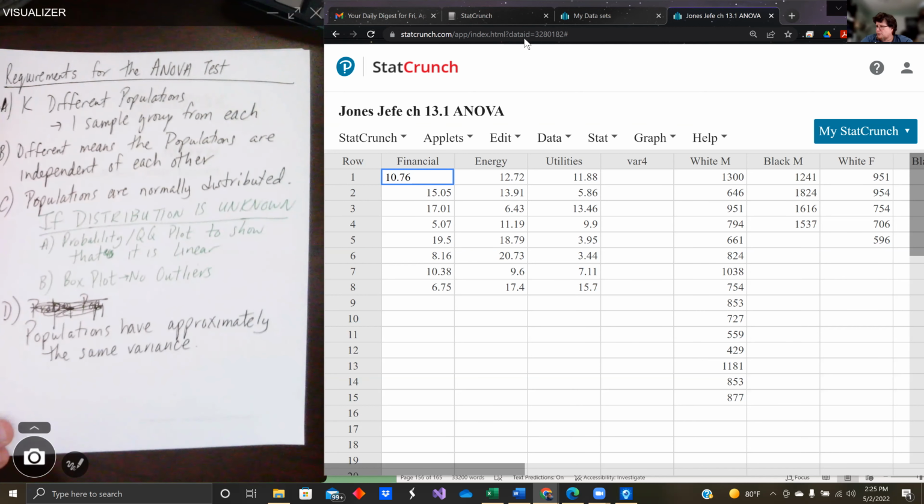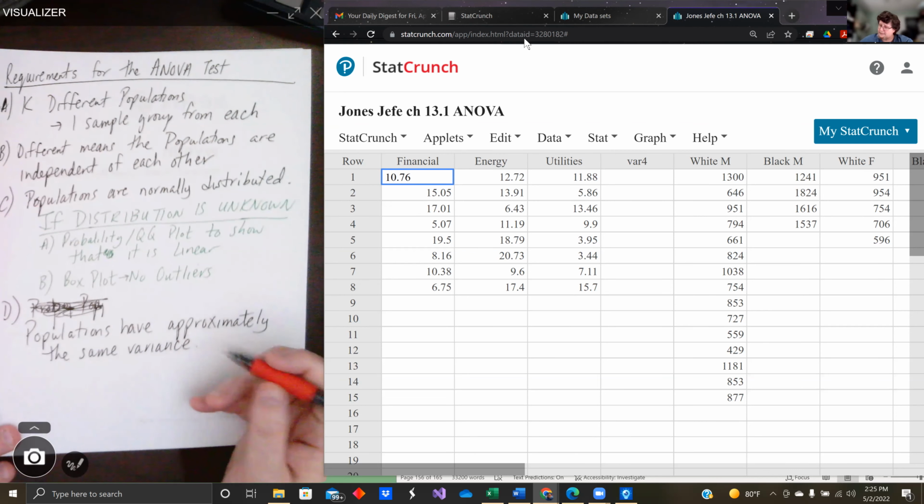It's been a while, but when we were talking about Student's t distribution, that was one of the things we didn't know about: the population. We don't know about the population, so what we do about it is we check the variances of the samples.